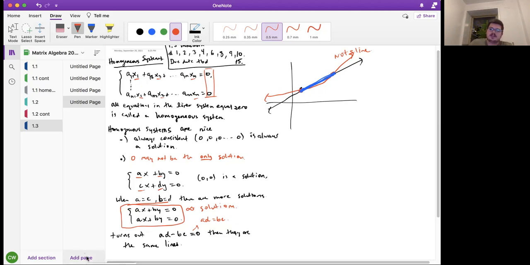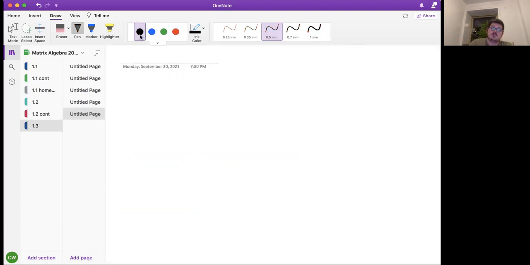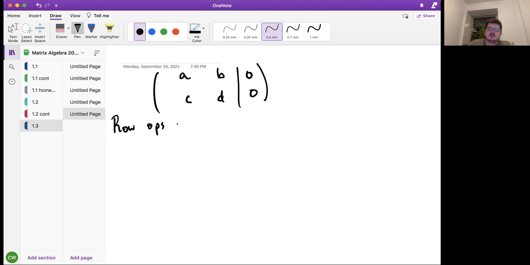Okay, so let's think about homogeneous systems as matrices and why those are nice. Let's say we have A, B, 0, C, D, 0. So let's think about row operations on homogeneous systems.